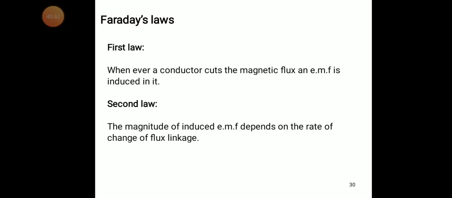The next one is the second law. The magnitude of induced EMF depends on the rate of change of flux linkage. We say that the EMF is induced whenever we place the conductor in the magnetic flux field.